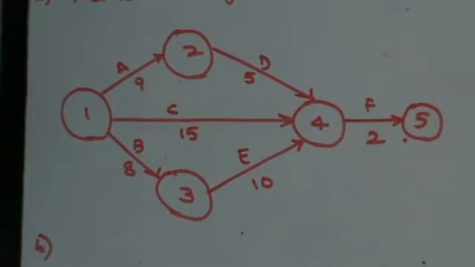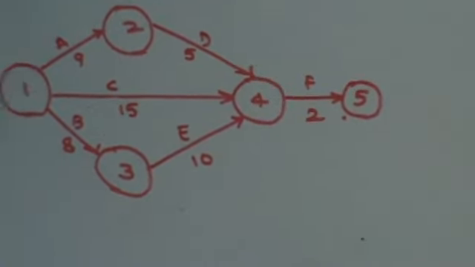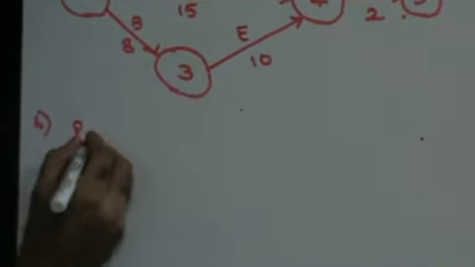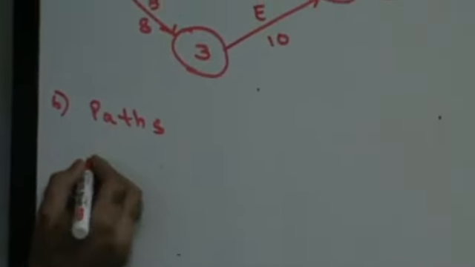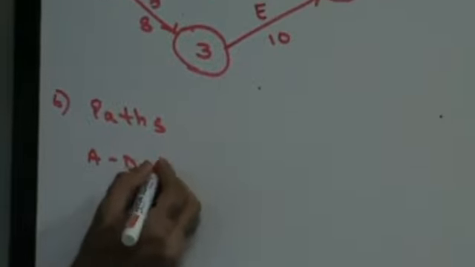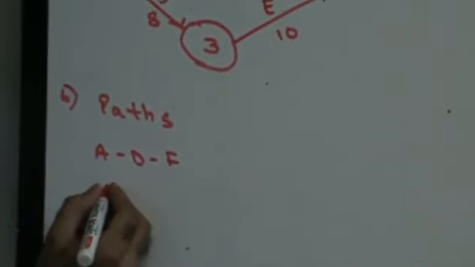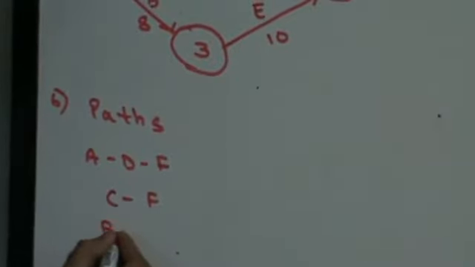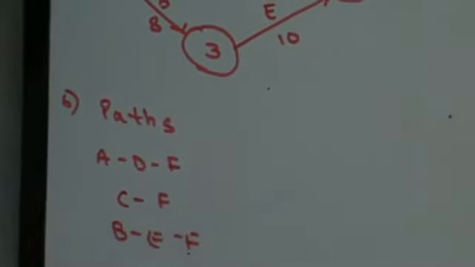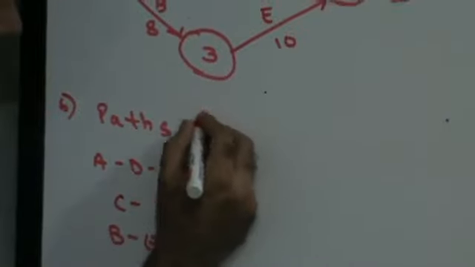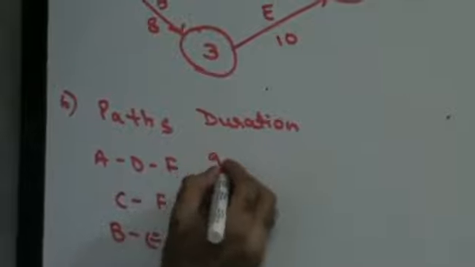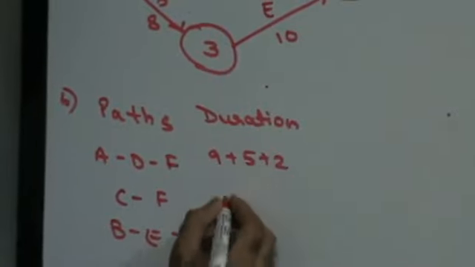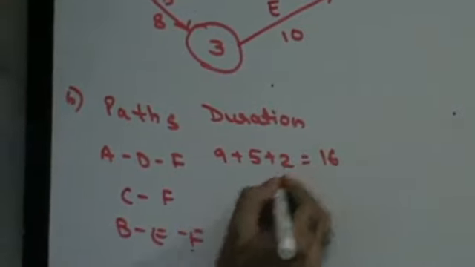Next, once my network diagram is ready, I need to find out the various paths. The paths I can have are ADF, then CF, then BEF. These are the various paths. Duration: 9 plus 5 plus 2 is 16 days.